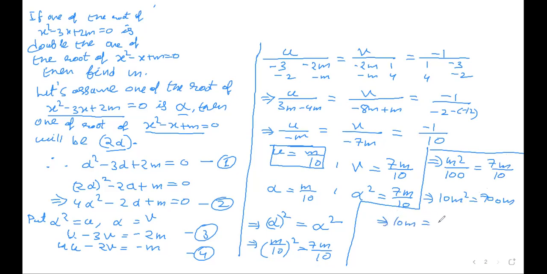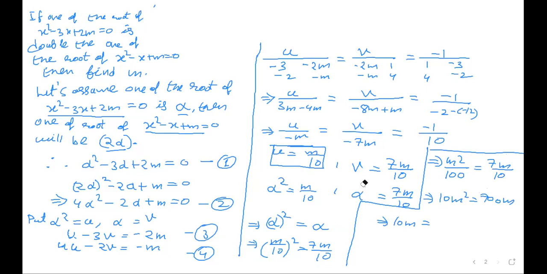Sir, u equals alpha square. Sir, here you have written alpha, it got reversed. u is alpha square and v is alpha.